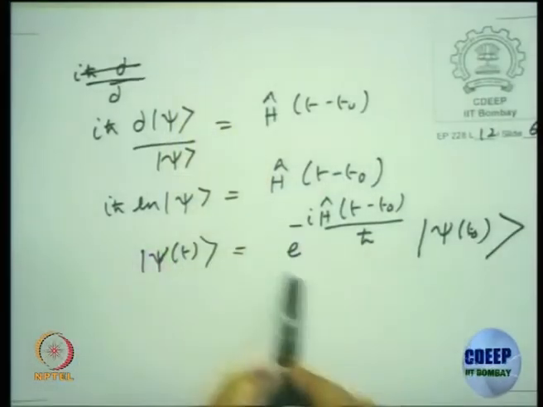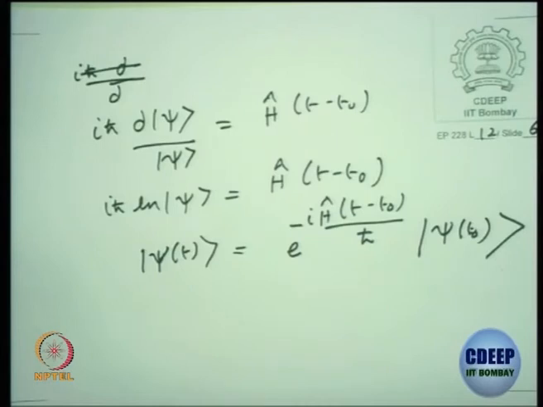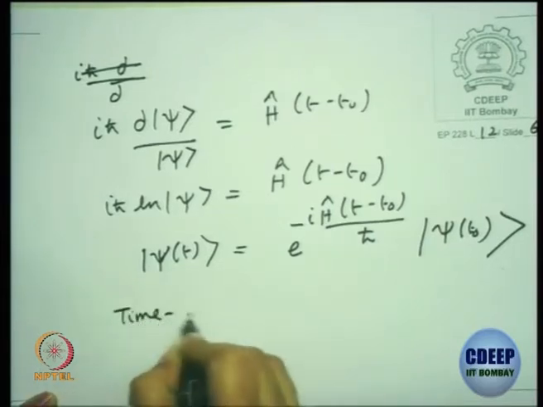Hamilton's equation was only looking at the evolution equations in the phase space. But here in quantum mechanics, we say that the information about the system is contained in the ket vector psi, and we are interested in the time evolution of that ket vector psi, and the time evolution is given by this operator, and this operator is known as the time evolution operator. So, let us call that the time evolution operator.